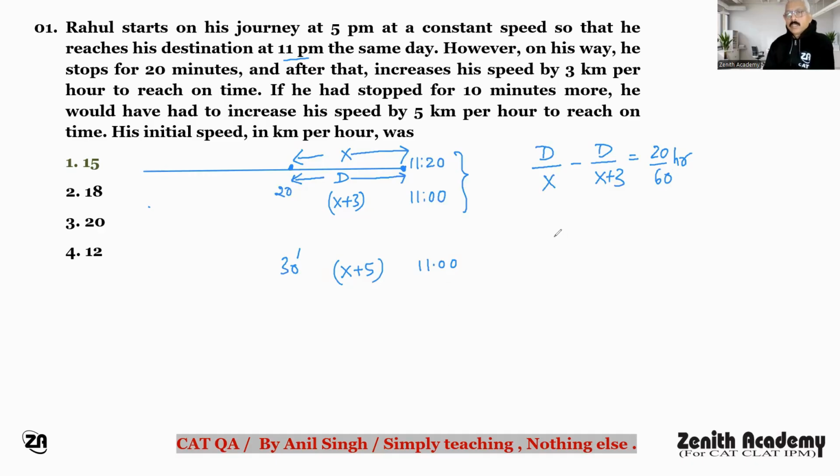And in this scenario, it is d by x minus d by x plus 5 is equal to 30 by 60. So these are two equations.